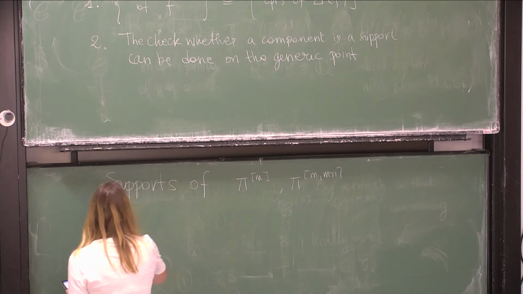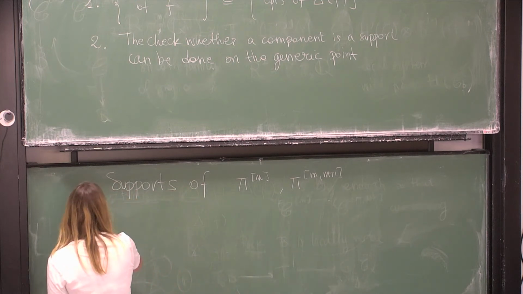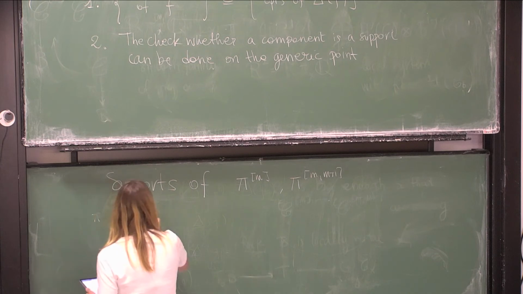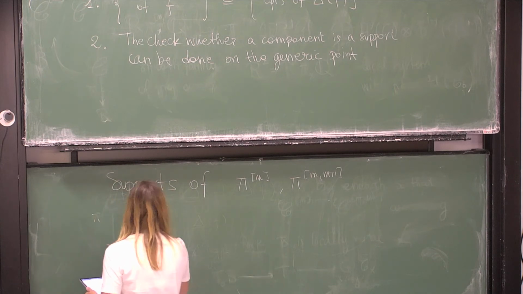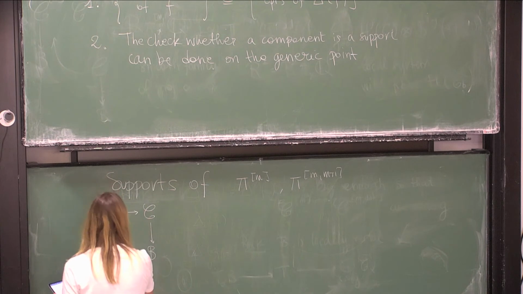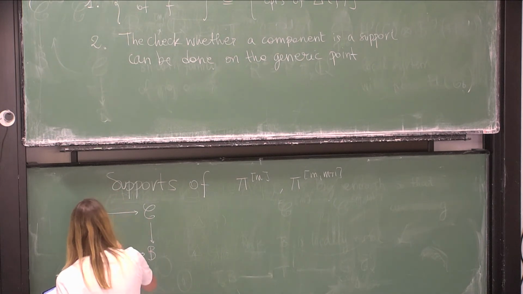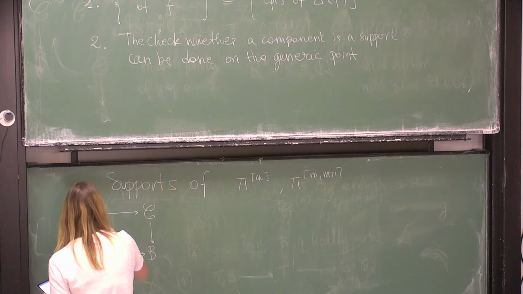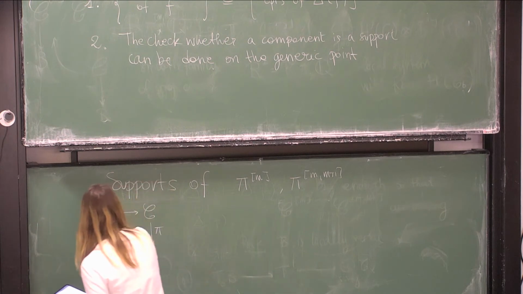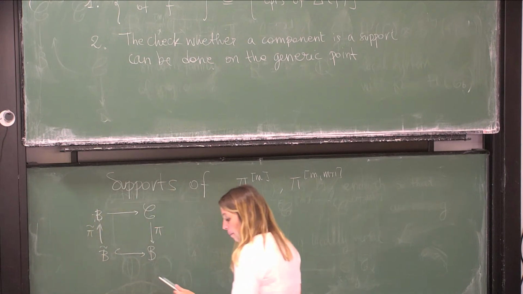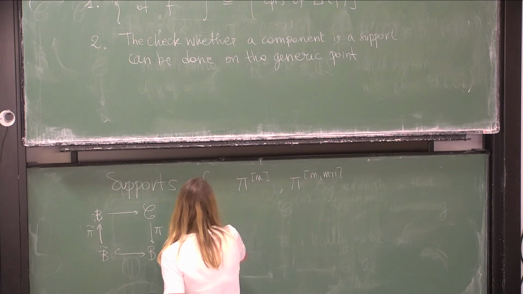So recall the settings. We had our family here. We had the smooth part of the family, B tilde, inside here. And that was pi, and that was pi tilde. So the idea is the following.